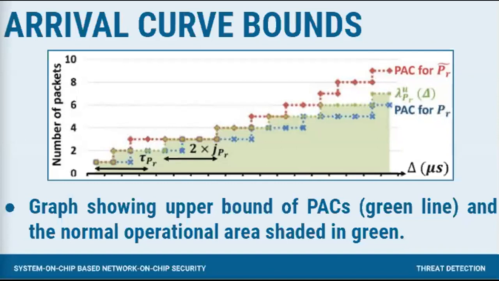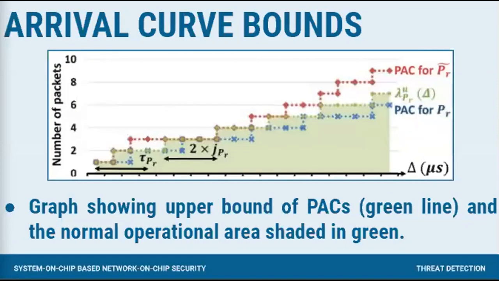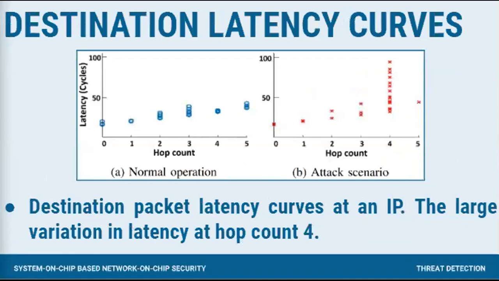This is one of the methods that is currently used. That's about finding whether there's an attack, using upper bounds. Then, as I mentioned previously, we can find where this attack is happening by considering the hop count. So this is a scenario of a normal operation and an attack operation.